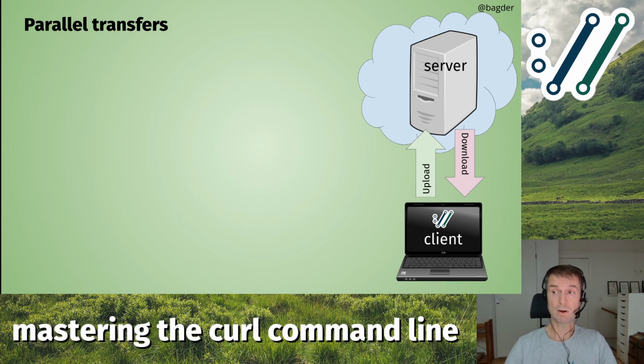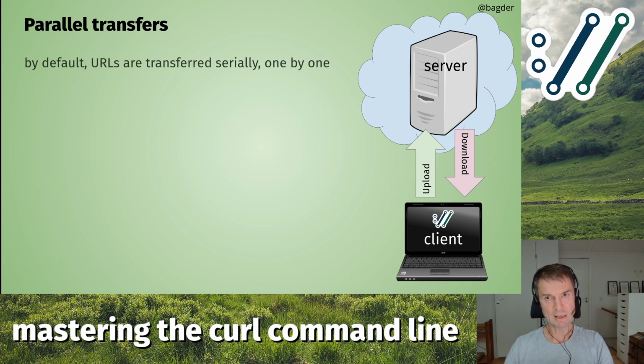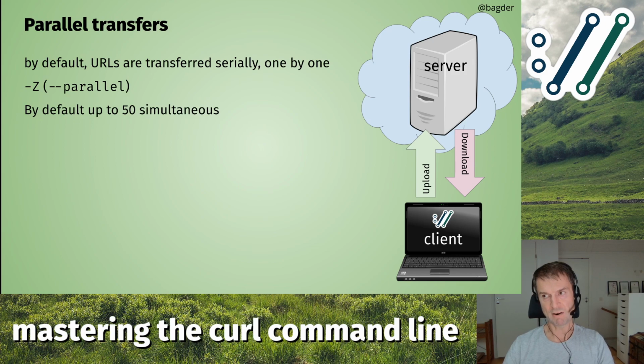And if you provide a lot of URLs, maybe you don't want them done serially. The default way for curl to get URLs is one by one, going through the list of provided URLs one at a time. But if you provide the uppercase Z or --parallel, it will do them in parallel, up to 50 at a time by default.